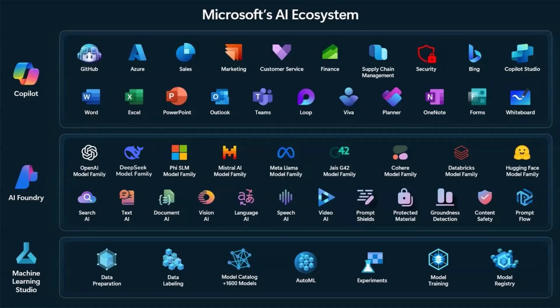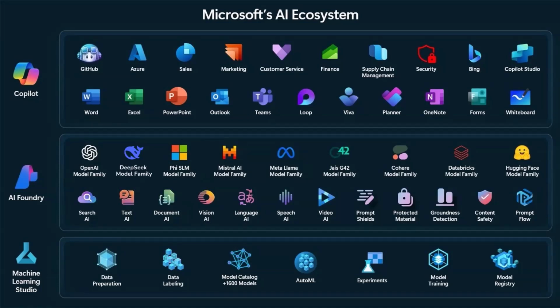And when it comes to a world-class platform where they support 11,000 plus models, that is AI Foundry. AI Foundry is a new platform Microsoft introduced last year, where they have support for the OpenAI model family, DeepSeek model family. Recently they announced Grok AI support as well, that is from X.com.